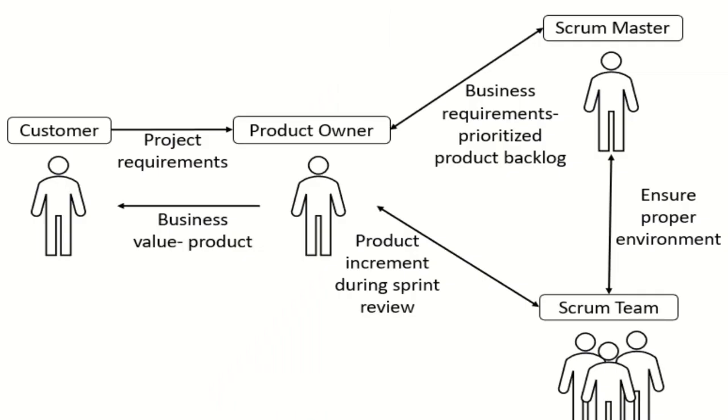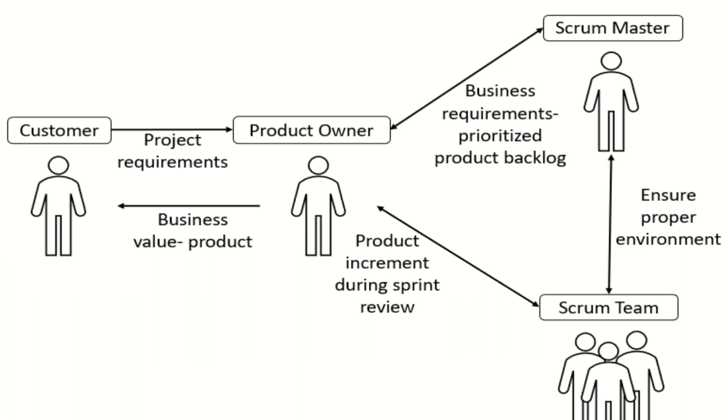The product owner mainly focuses on achieving the maximum business value of the project, articulating the customer requirements, and representing the customer voice, while the Scrum Master focuses on working as a servant leader or facilitator, clears the impediments, coordinates the work between the team, and ensures the Scrum processes are being followed.